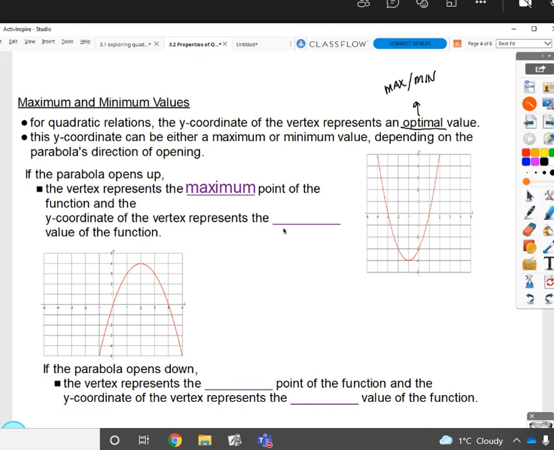Now, the vertex, if the parabola opens up, the vertex represents the maximum point. Hold on here. If the parabola opens up... not at all. If the parabola opens up, the vertex represents the minimum point. And the y-coordinate of the vertex represents the minimum value of the function. It's trying to trick me in this.